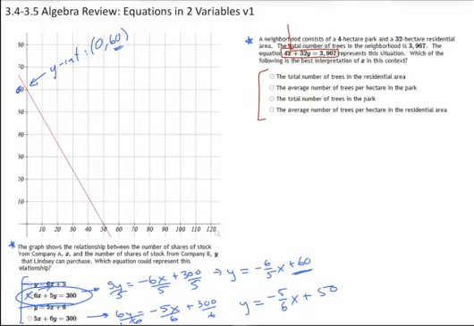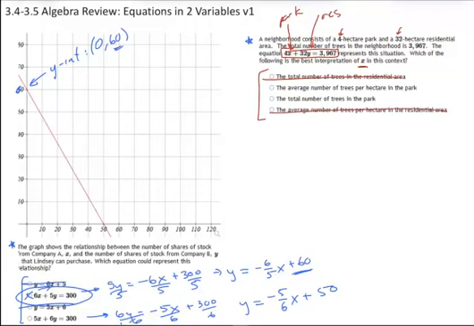The x's and the y's are the two different variables. We are told here that we want to find what x represents. So 4 is associated with the park. 32 is associated with the residential area. And so right now, we're finding what x is associated with the park.